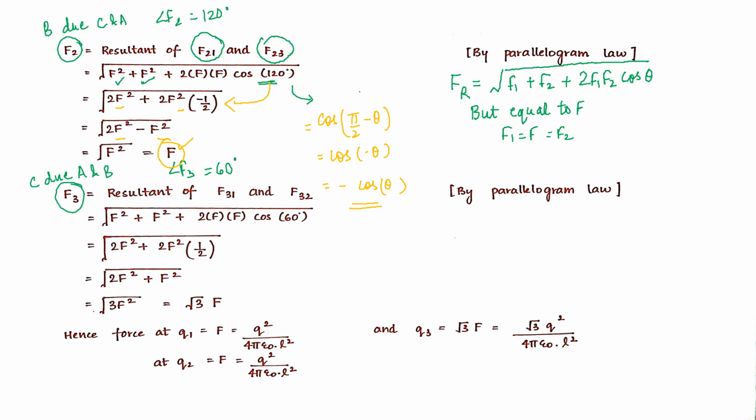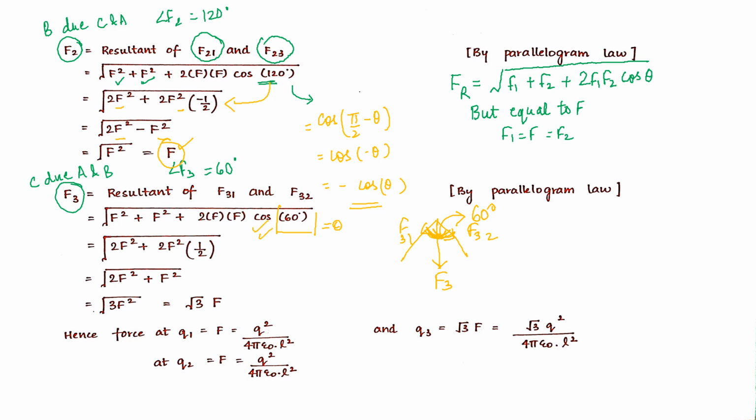Here, the value of theta is 60 degrees. This is our triangle, this is our force 3-1, this is our force 3-2, and here we get a resultant force F3. What is the angle made by the two forces? This is the angle made by the two forces, whose value is 60 degrees, and hence we substitute the same over here.